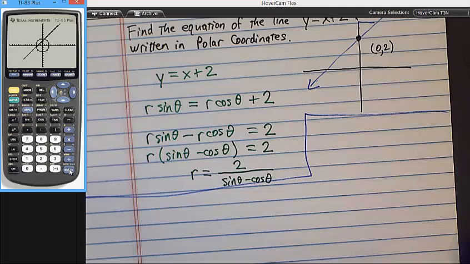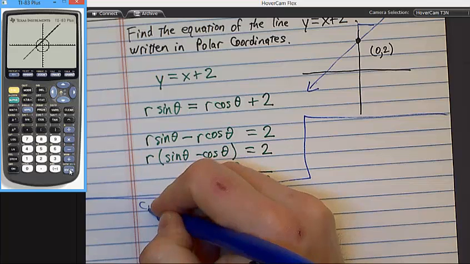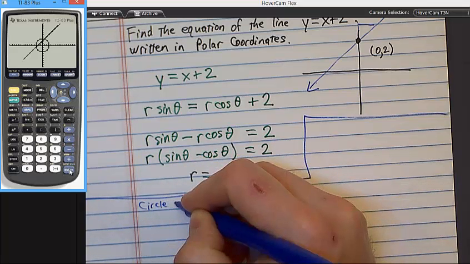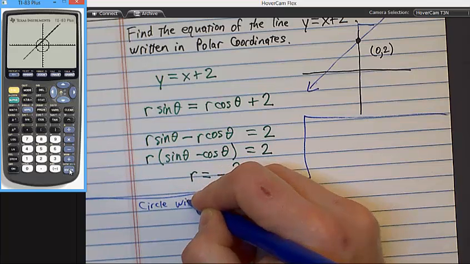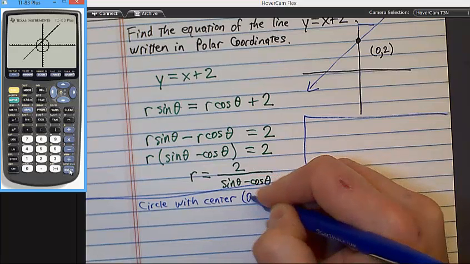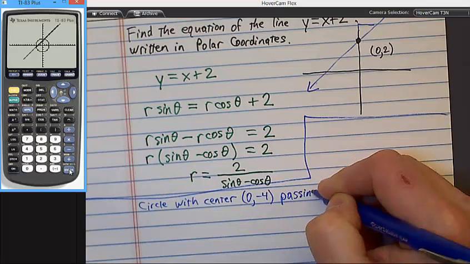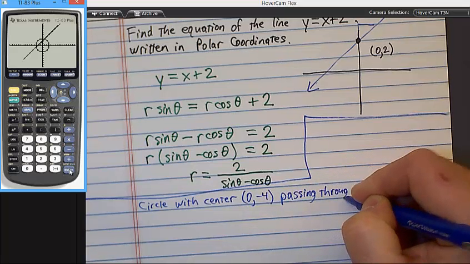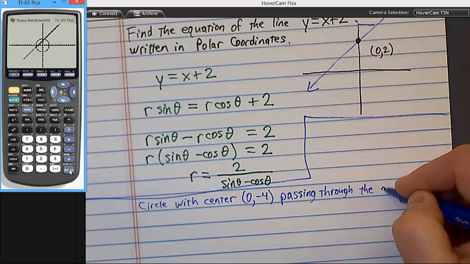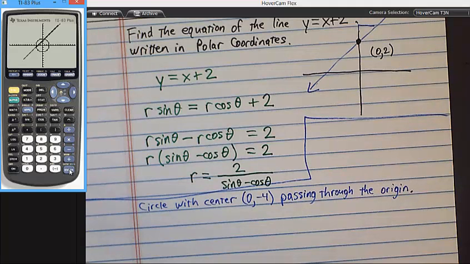I thought I would try this one next. If I give you a circle with center 0, -4, passing through the origin, and I ask you guys, can you please graph that or write its equation in polar coordinates?